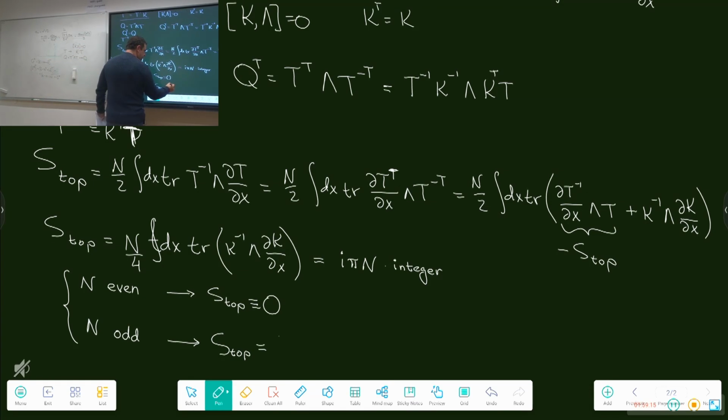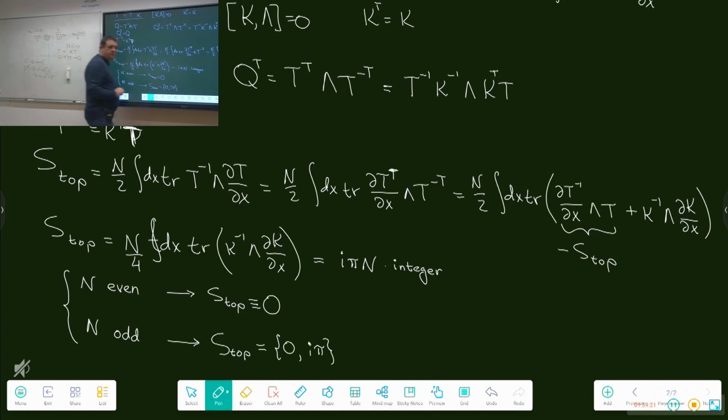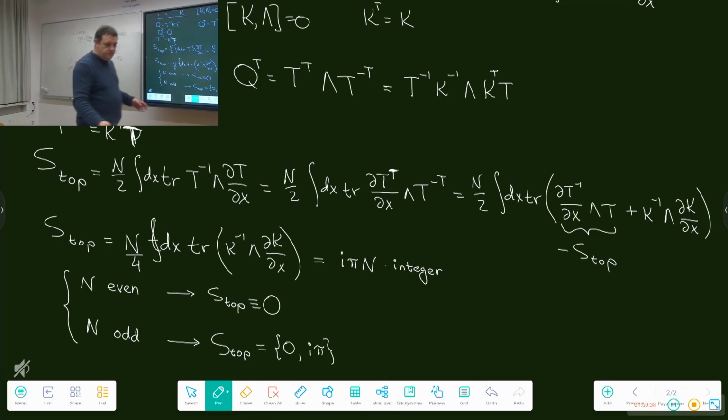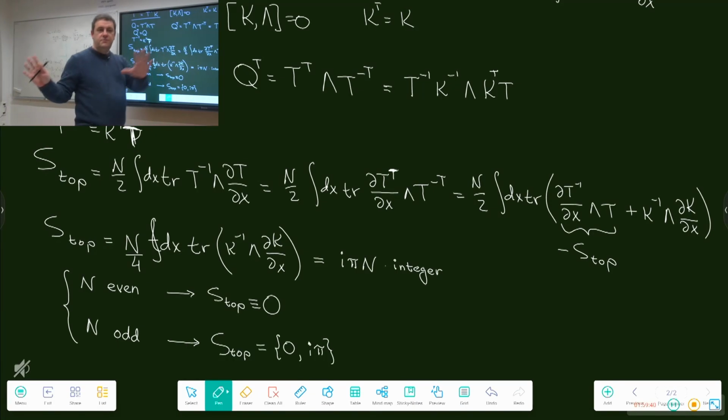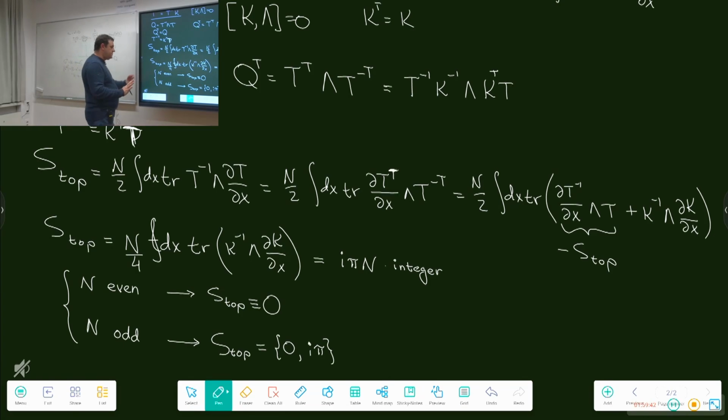It equals either 0 or i pi. Well, actually it can be any integer number times i pi, but if it's an even number, it doesn't matter, and if it's odd number, I can reduce it to just 1. So we are done. This is the last equation of today.